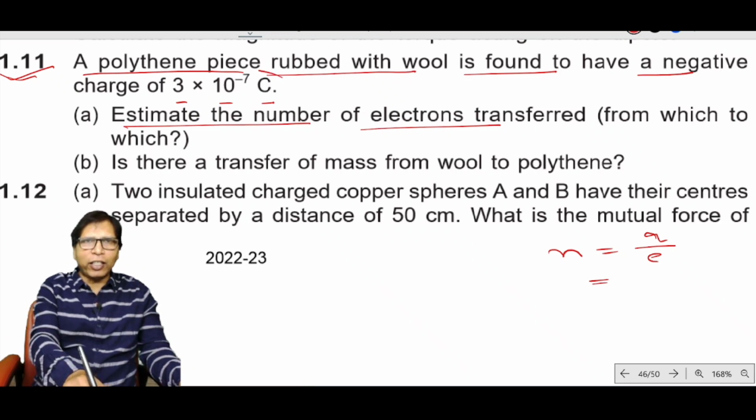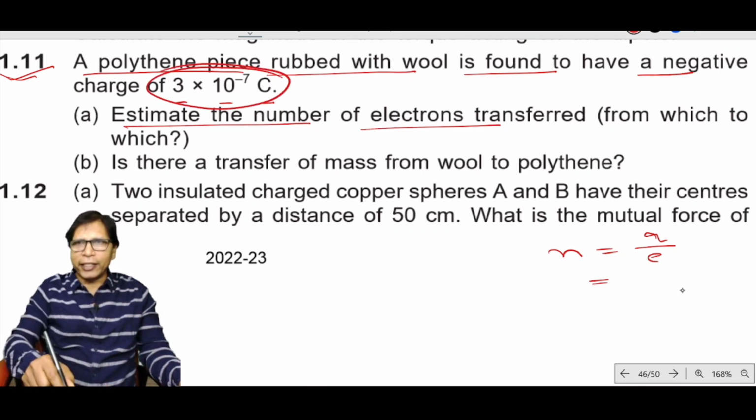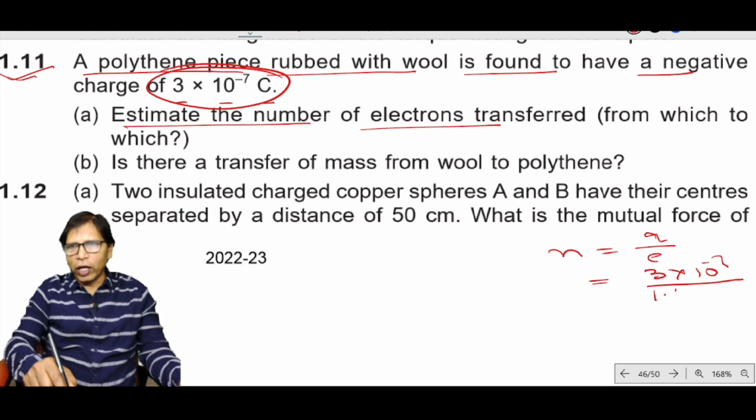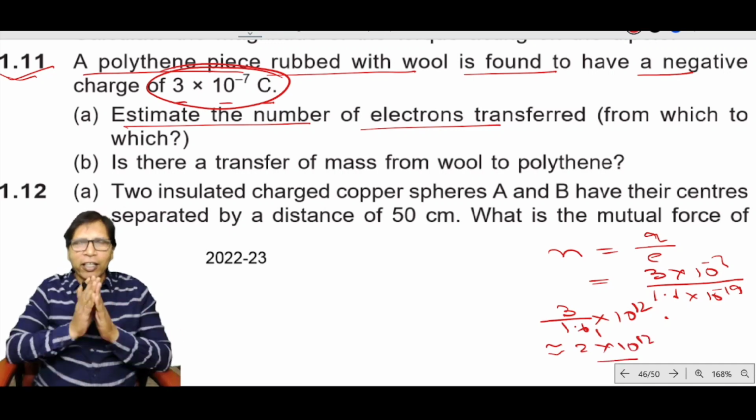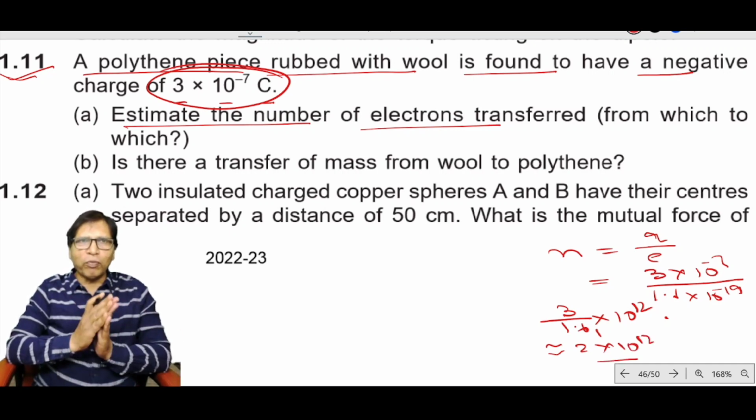The charge is 3 × 10^-7 coulomb, and the electronic charge is 1.6 × 10^-19 coulomb. So n is 3 by 1.6 × 10^12, which is almost equal to 2 × 10^12 electrons transferred from wool to polythene.